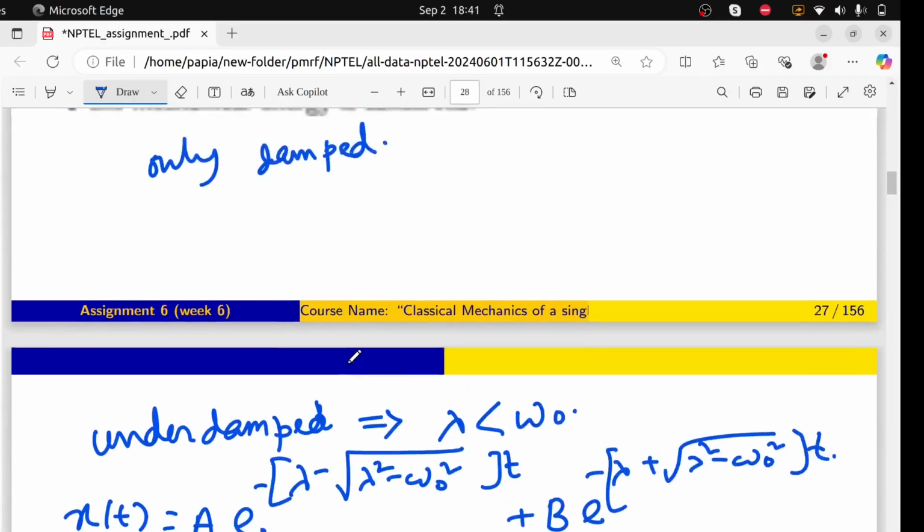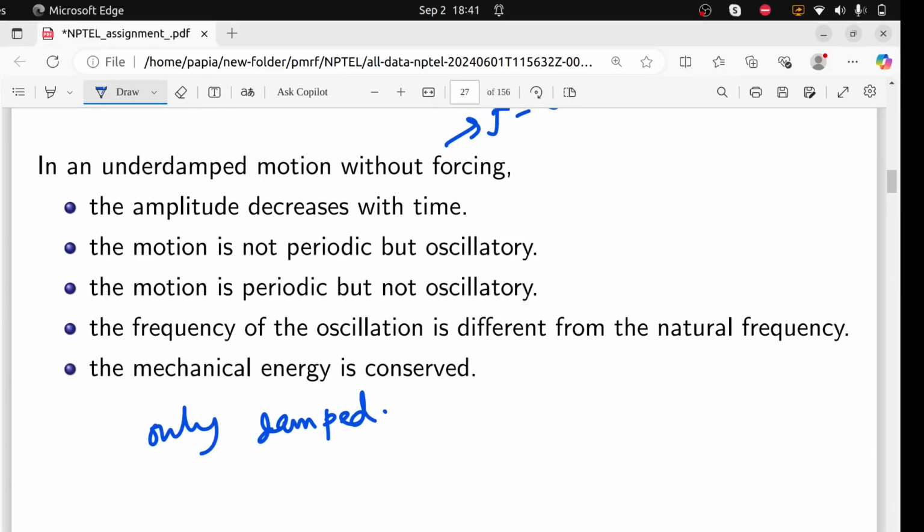Now you can see the options. The amplitude decreases with time. Yes, that is correct, but it is not telling the full expression. The motion is periodic but not oscillatory. No, that is not correct, definitely.